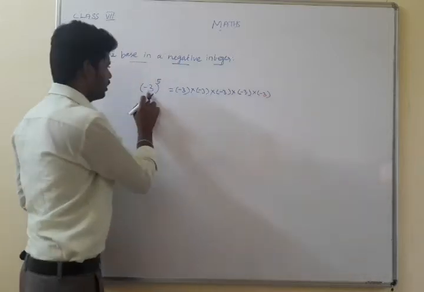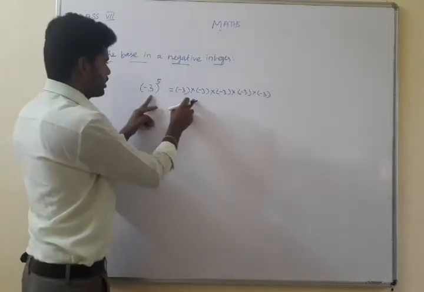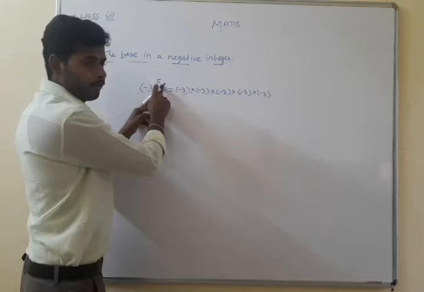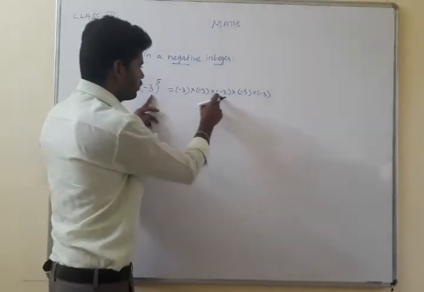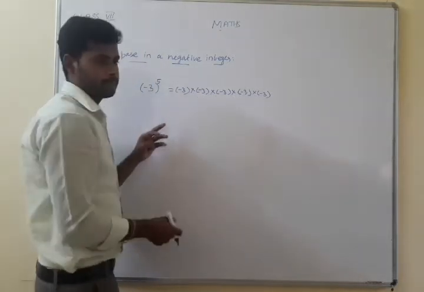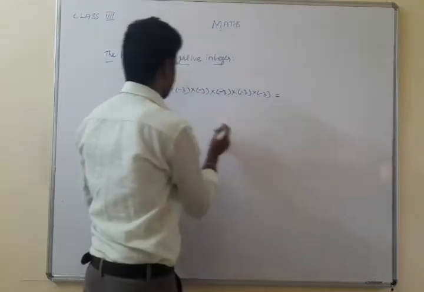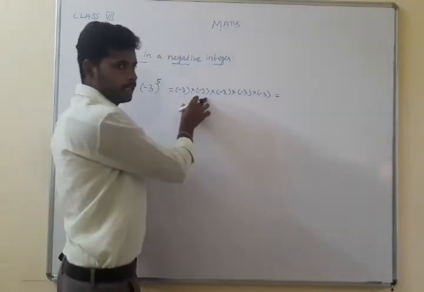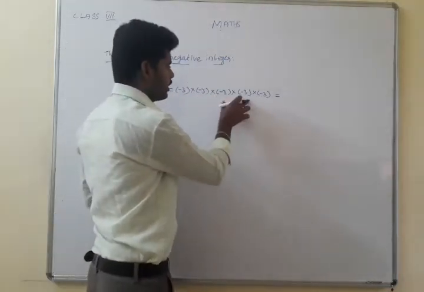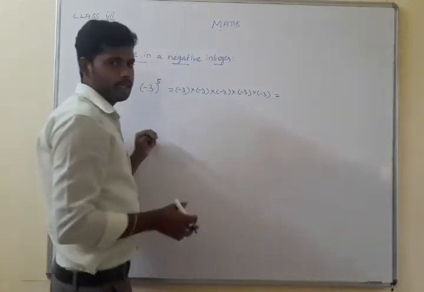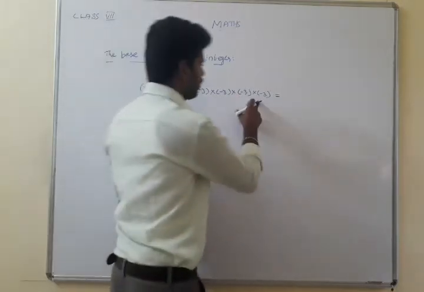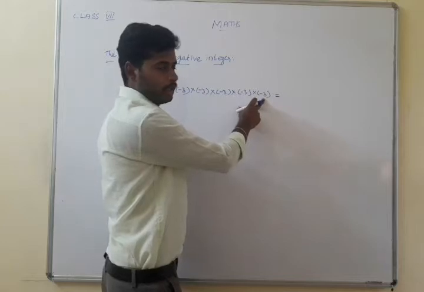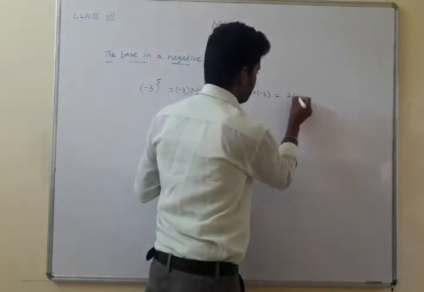Minus 3 as base appears how many times? 5 times, 1, 2, 3, 4, 5. 3 3s are 9. 9 means 81. 81 into 3 is 243.